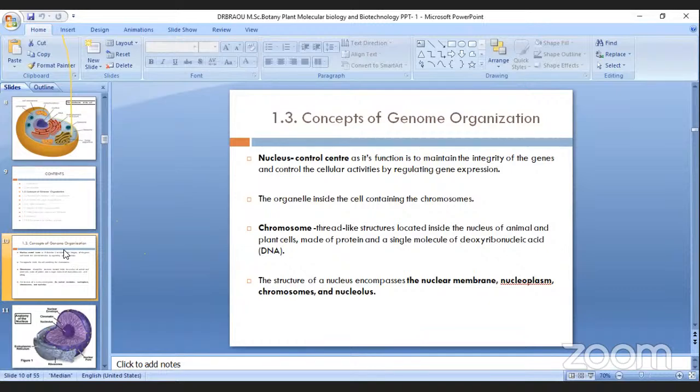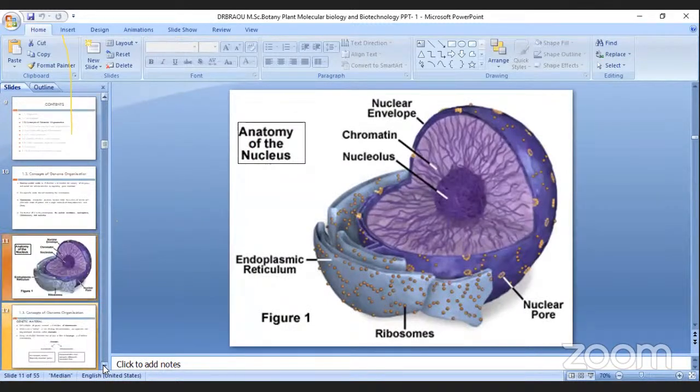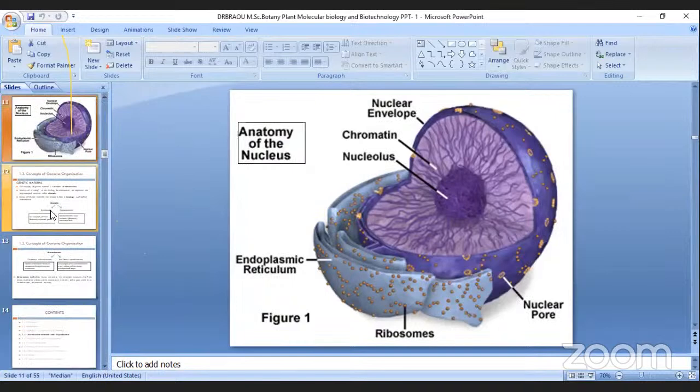The nucleus structure contains nuclear membrane, nucleoplasm, chromosomes, and nucleolus. This is the anatomy of the nucleus, the structure of the nucleus.